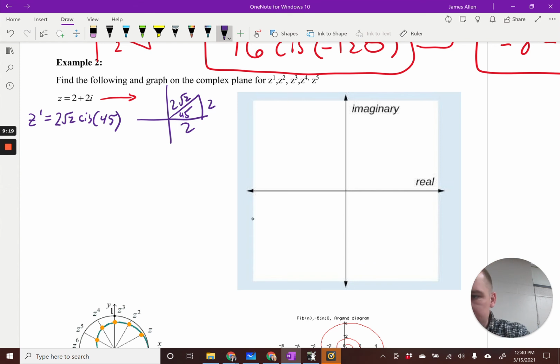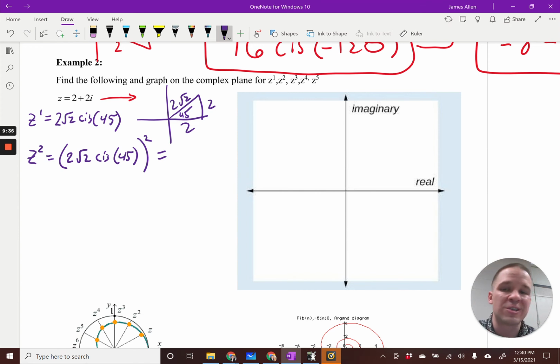So z squared is 2 root 2 cis 45, squared. Then 2 root 2 squared: 2 squared is 4, root 2 squared is 2, so that gives me 8. You have to be very careful with your radicals. And then I have cis of 45 times 2, which is 90.